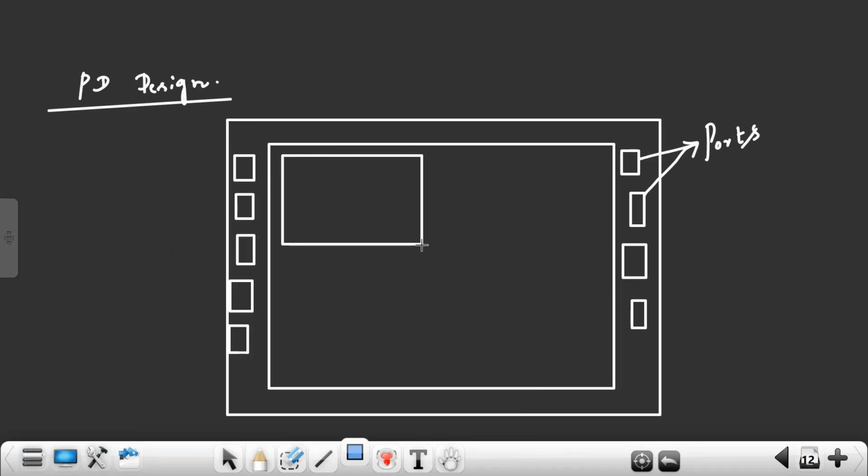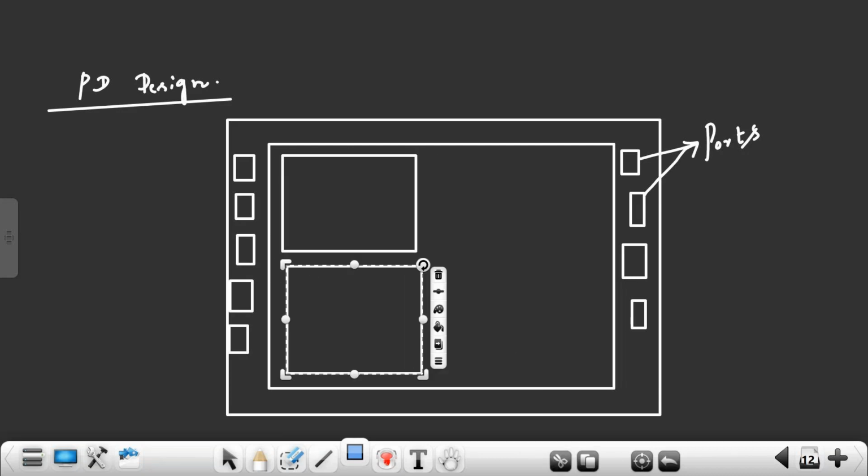Macros are complex blocks for which we directly use the layout. Say I'm doing a new design, and in it I am reusing previous design blocks as they are. So I need not write Verilog for that. I directly use the layout, because I already have the layout from the previous design.